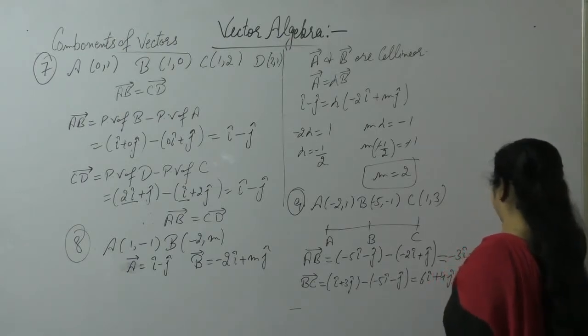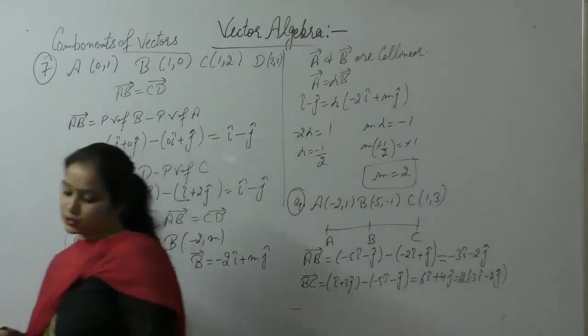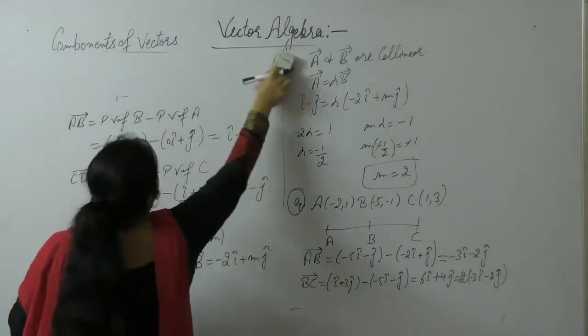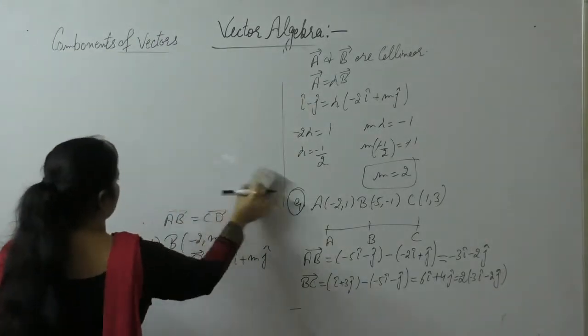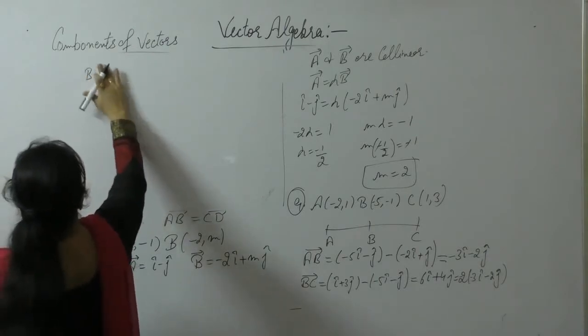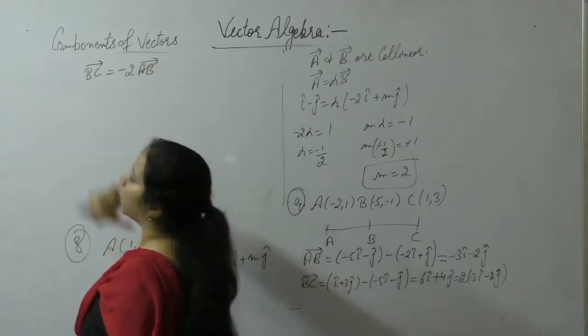If we take negative 2 common, then it becomes minus 2 into (minus 3i minus 2j). That is, BC vector is equal to minus 2 times AB vector.